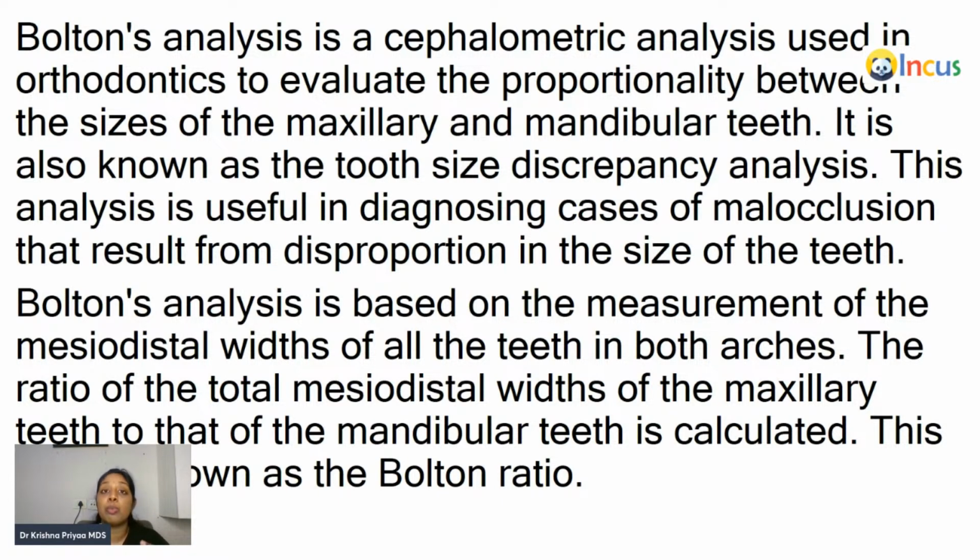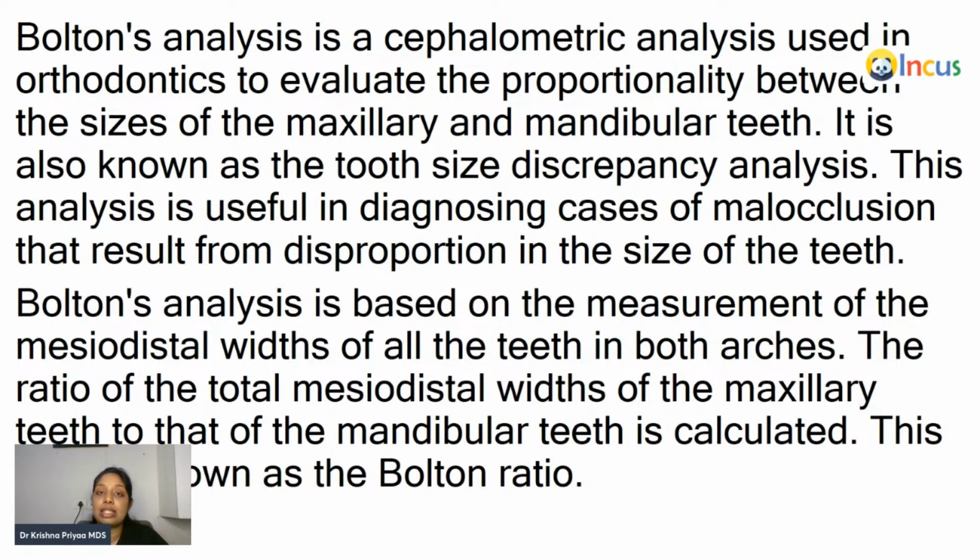Then we discussed Bolton analysis, which is the ratio of the maxillary teeth to the mandibular teeth, maxillary 12 and mandibular 12. It goes by the formula: sum of mandibular 12 divided by maxillary 12 into 100. If the value is below 91.3%, then maxillary excess is there. If it is above, it is a mandibular excess. Similarly, for the anterior ratio, the value is 77.2. So this comes under Bolton's.